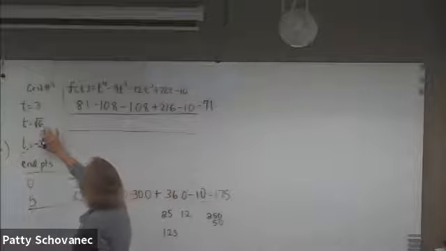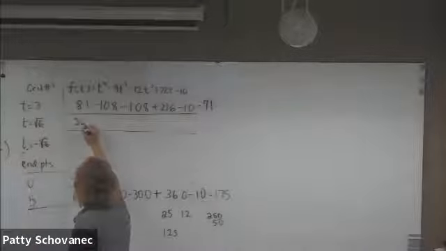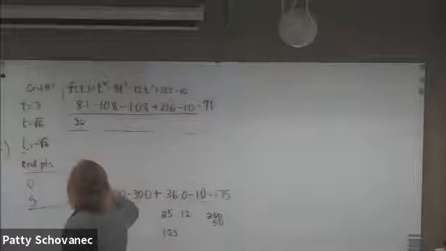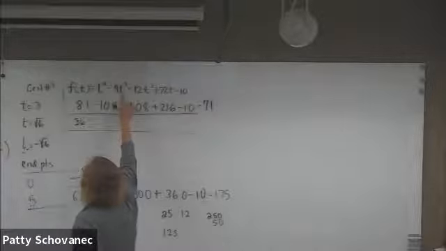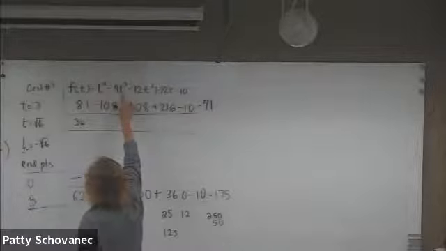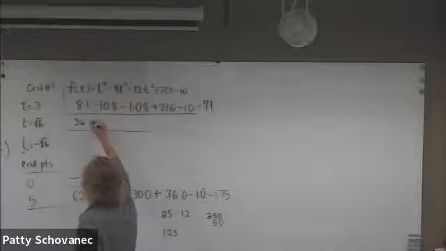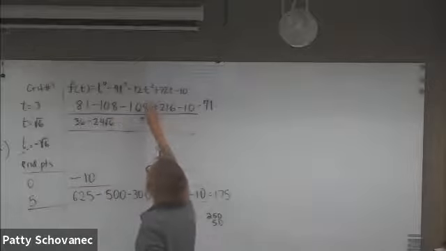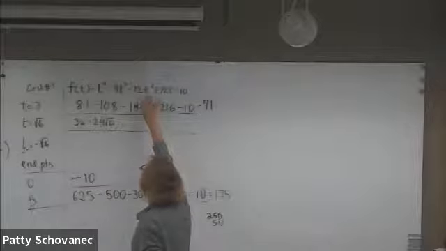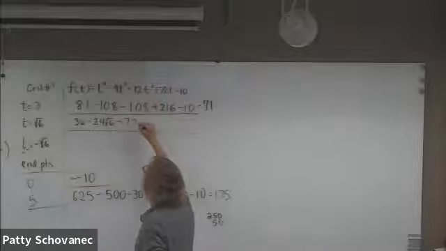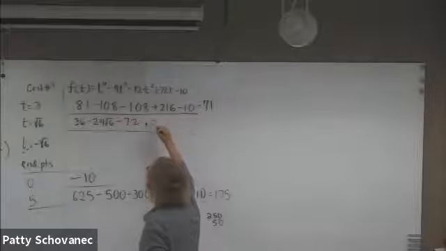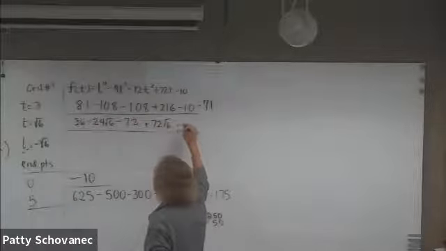Let's see, square root of 6 to the 4th is 36. Square root of 6 cubed is 6 times the square root of 6. So that's minus 24 times the square root of 6. That squared gives me 6 times 12 is 72. And there's plus 72 square root of 6 minus 10.